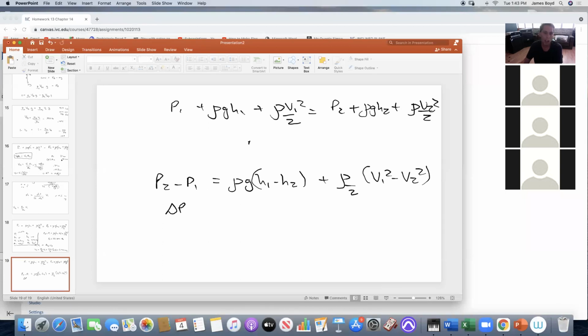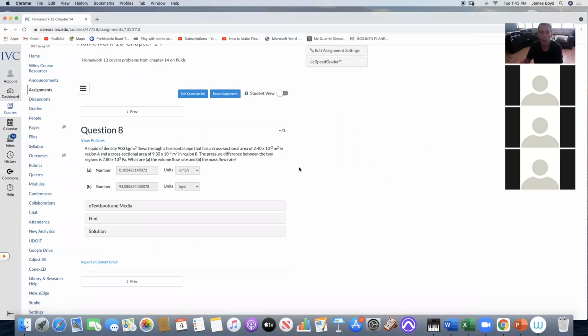And don't forget A1 V1 is A2 V2. So they tell us that the density of the liquid is only 900 this time. They give us the cross-sectional area of each one. They want the pressure difference, they give us the pressure difference.